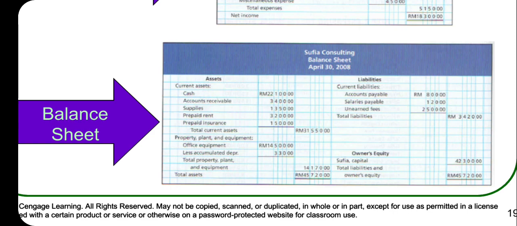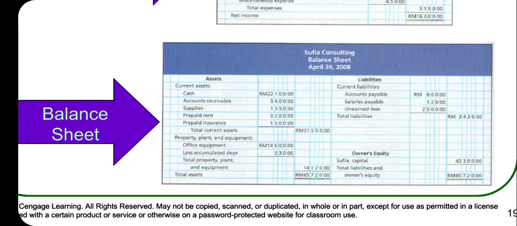So here you can see how to show the amount of the asset and also the accumulated depreciation for the asset in the balance sheet. See here, in this example, the office equipment is 14,500, and then you have to subtract accumulated depreciation for this office equipment. Here the example is $330. Okay, that is the left side of the balance sheet.